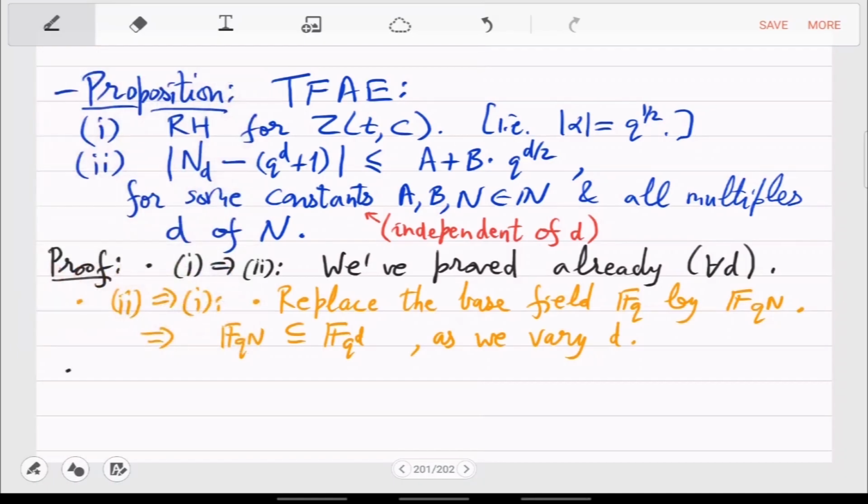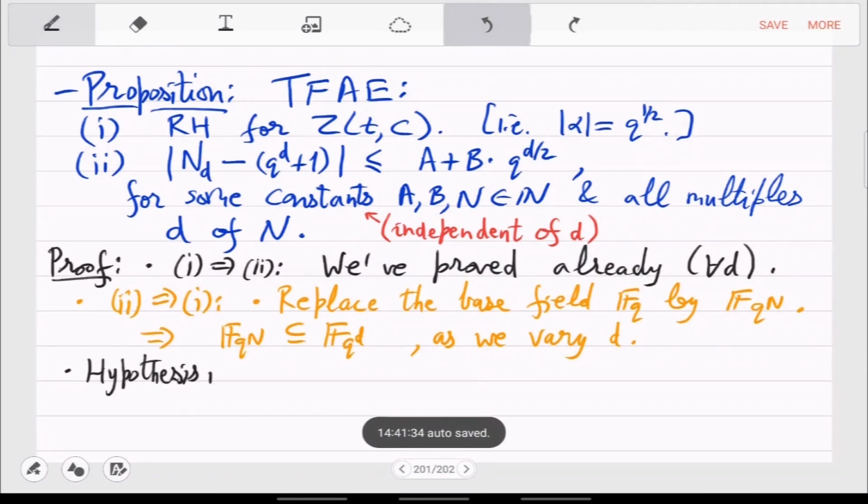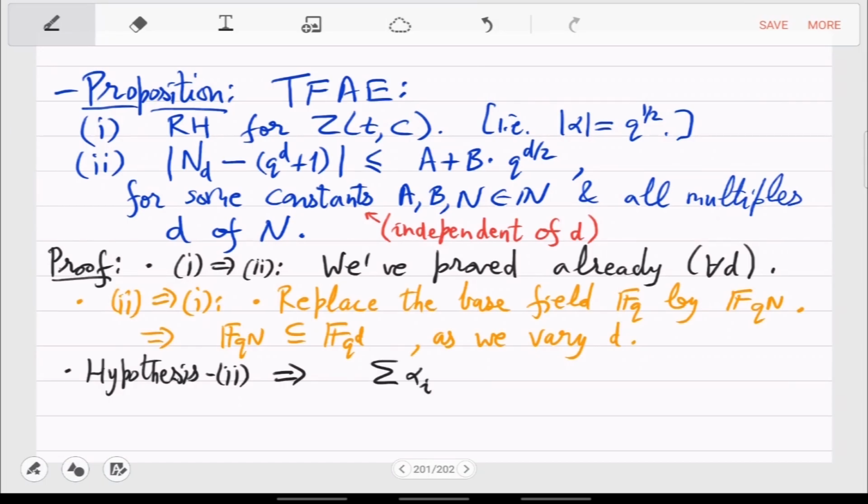So the hypothesis implies that this formula that we have, this is the strong property that actually nd minus q raised to d plus 1, the error term, we have an exact formula.